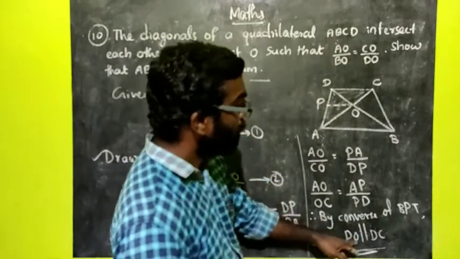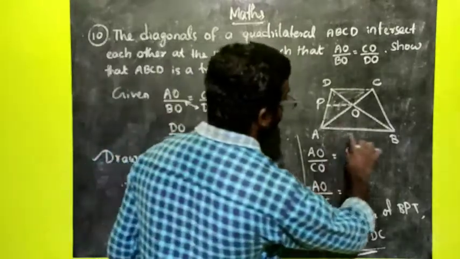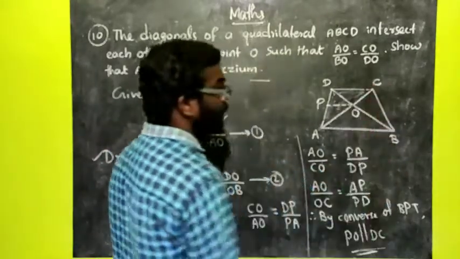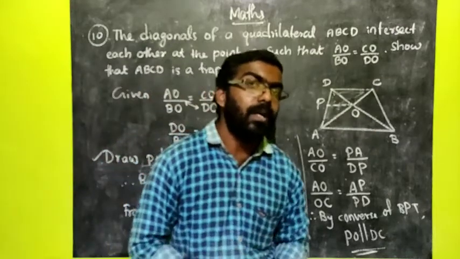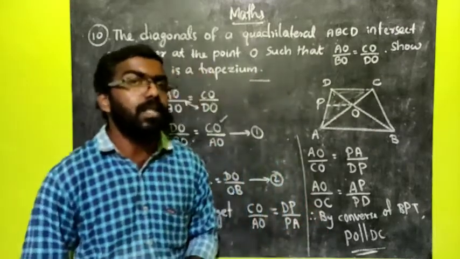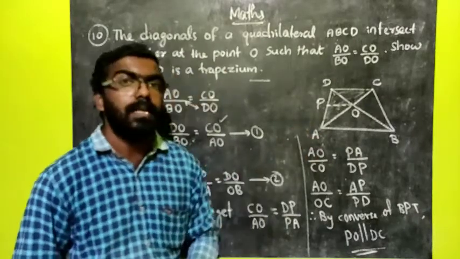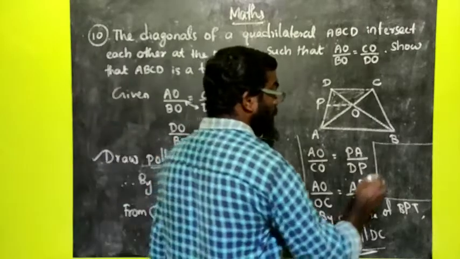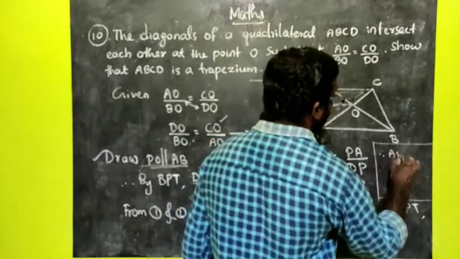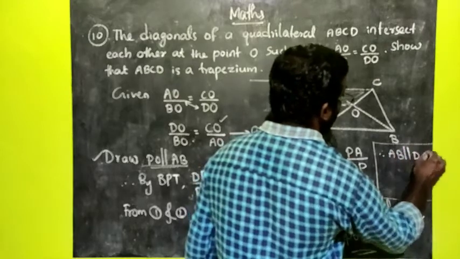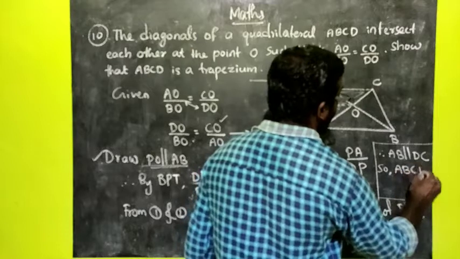So PO parallel to DC and PO parallel to AB implies AB is parallel to DC. Okay, AB parallel to DC means one pair of opposite sides of this quadrilateral are parallel. That means the quadrilateral is a trapezium. So we can conclude, therefore AB parallel to DC, and so ABCD is a trapezium.